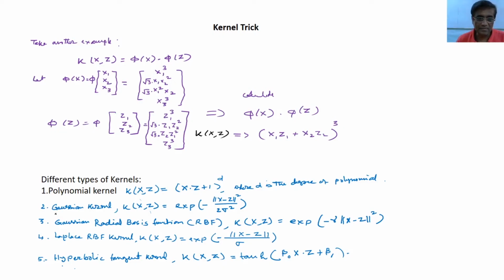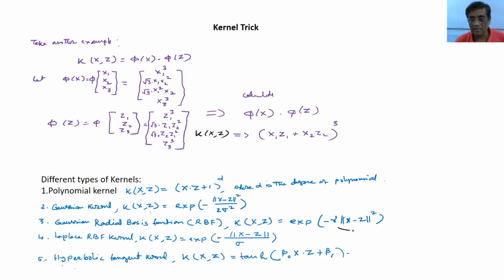One such kernel function is the Gaussian kernel function, which is defined like this: e to the power minus norm of x minus z squared over 2 sigma squared. So all the samples can now be transformed using the Gaussian kernel, and you can guarantee that they will be linearly separable. Isn't it great?